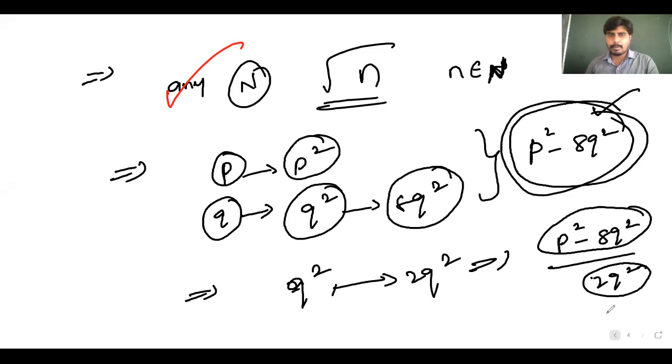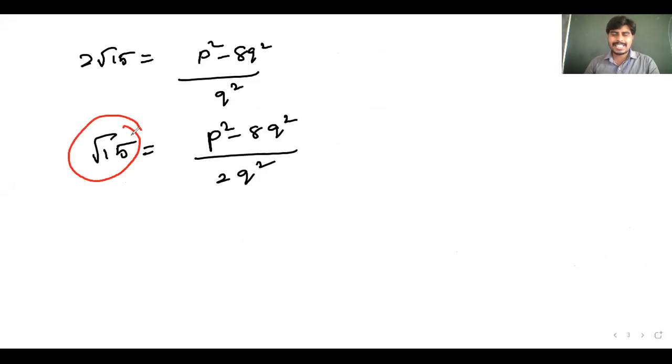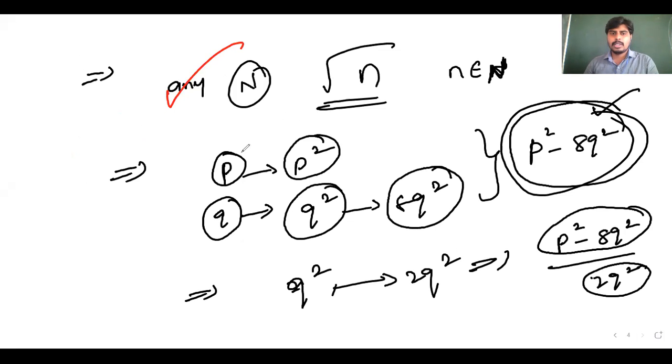As per that property, this LHS part is an irrational number. And coming to this, p is an integer, p square is also an integer, q is an integer, q square is also an integer, and 8q square is also an integer. And p square minus 8q square is also an integer, right? Subtraction of two integers is again an integer, isn't it?